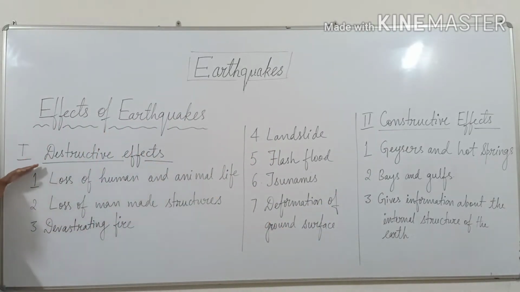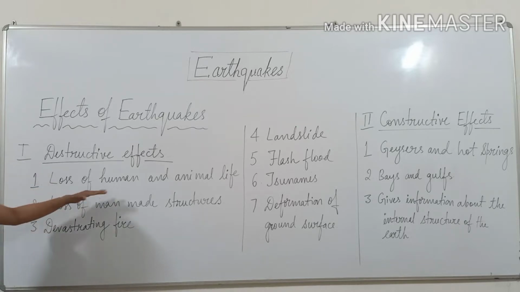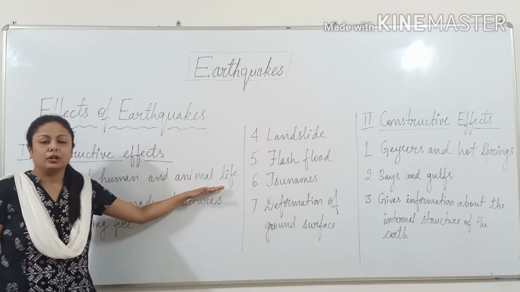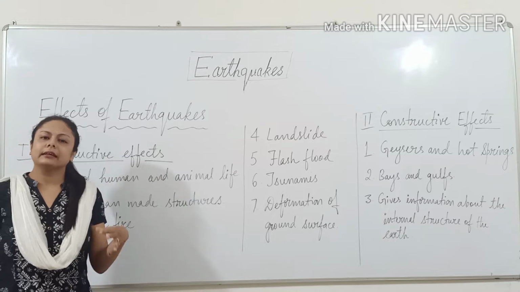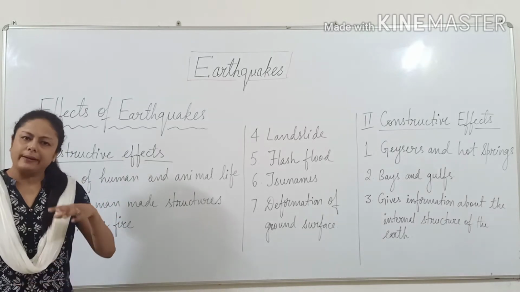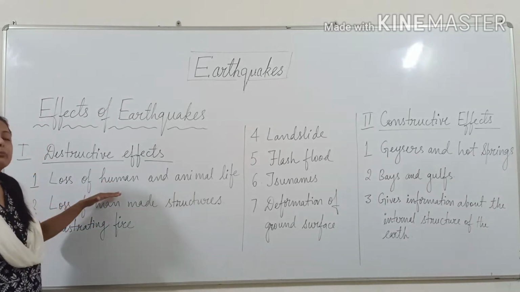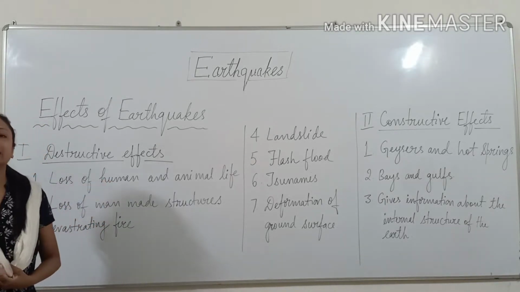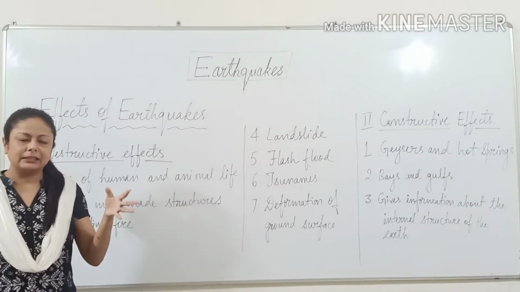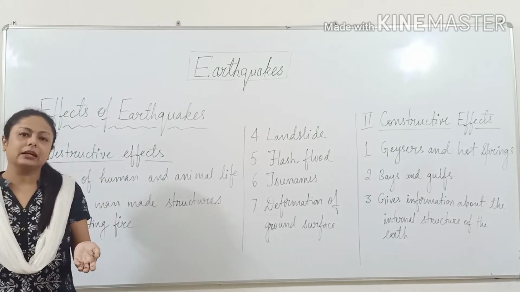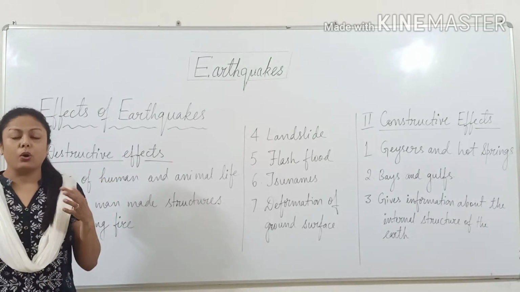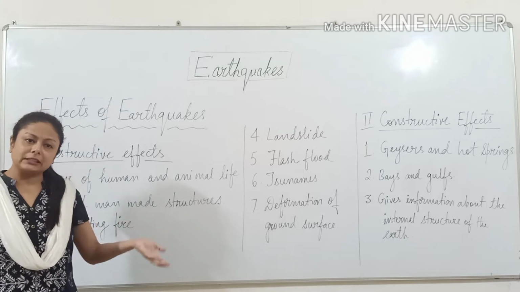If we take up the first one, loss of human and animal life. Definitely when the earth's surface shakes or trembles, human beings and animals are trapped in the houses where they are living, or trapped in the offices.